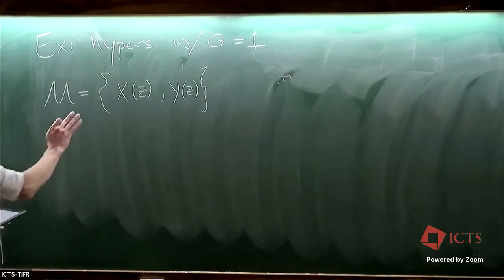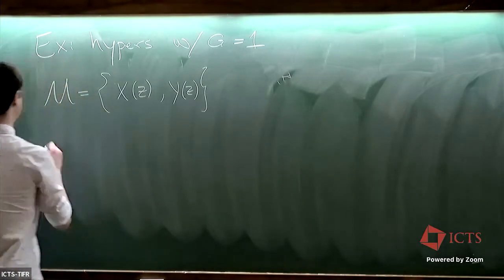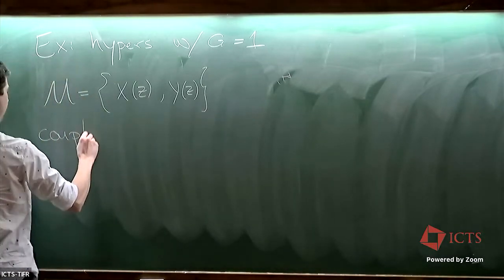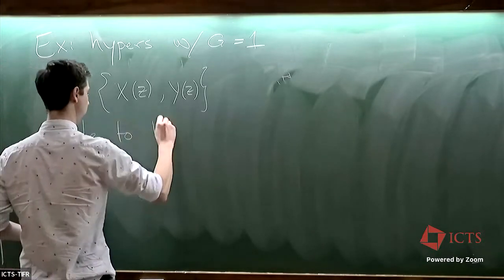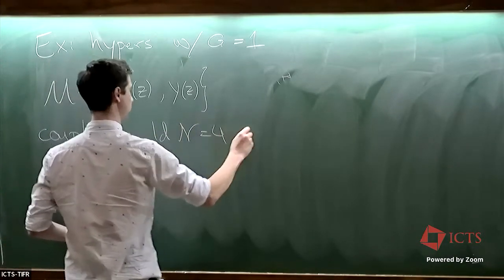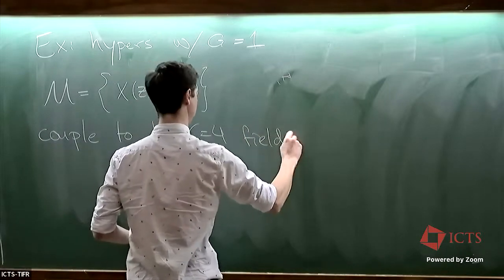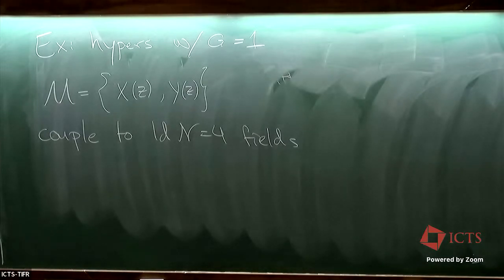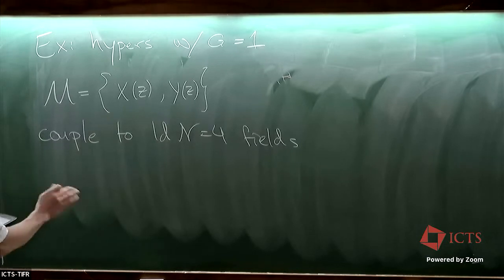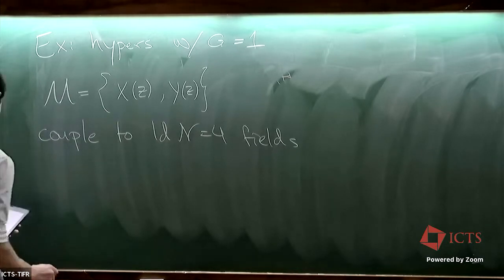And we can imagine coupling this to a one-dimensional N equals 4 theory. One simple example is I could imagine coupling to one of these Kähler quantum mechanics I talked about, where the target of my Kähler manifold is just C by itself.